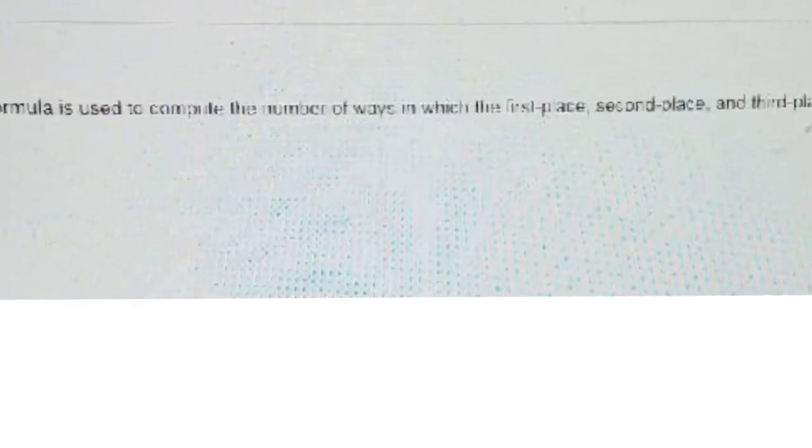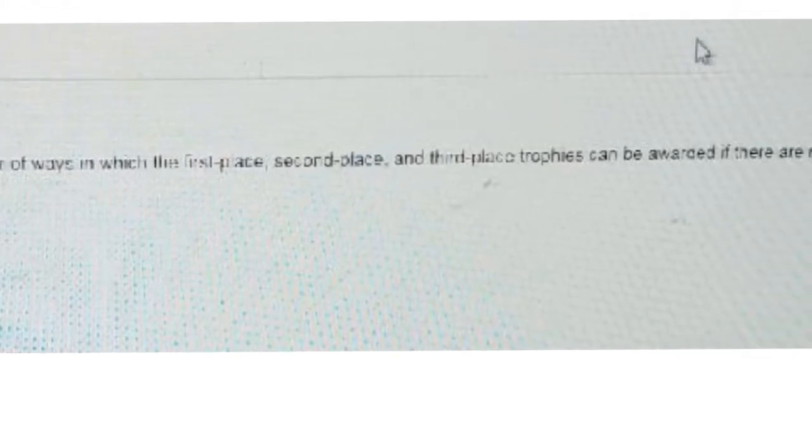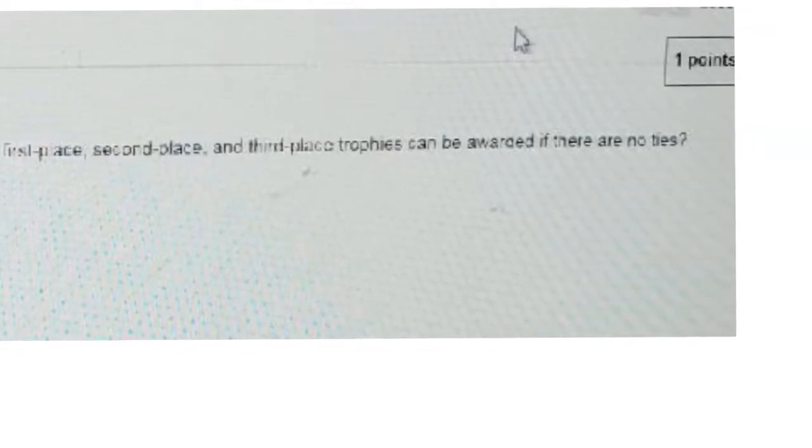Probability and statistics. 9 runners are competing in a race. Which formula is used to compute the number of ways in which the first place, second place, and third place trophies can be awarded if there are no ties?